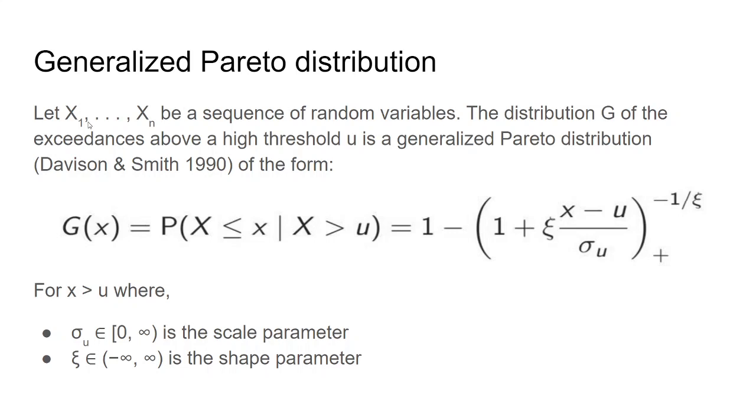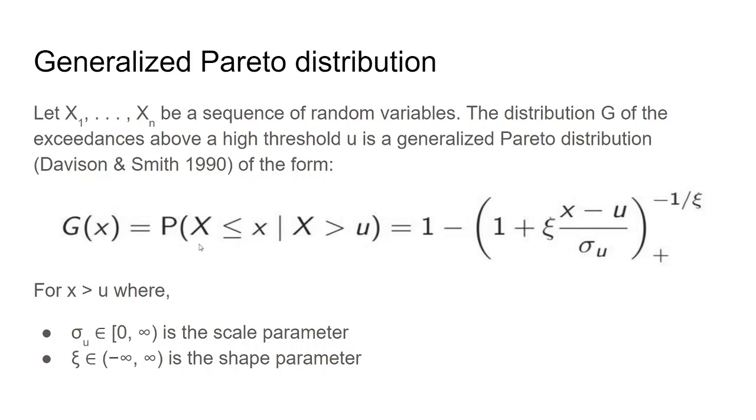Let's say we have X1, X2 up to Xn, a sequence of random variables. Then the distribution G of exceedances over a high threshold is given by the form G of x equals 1 minus (1 plus epsilon times (x minus u) upon sigma_u) whole to the power minus 1 by epsilon, for x greater than u.